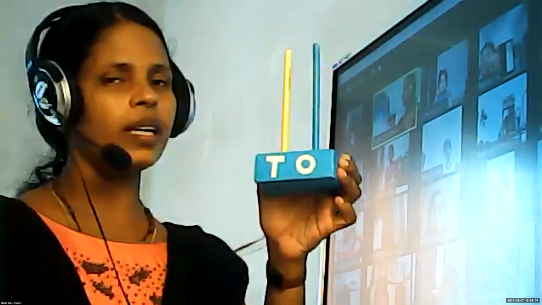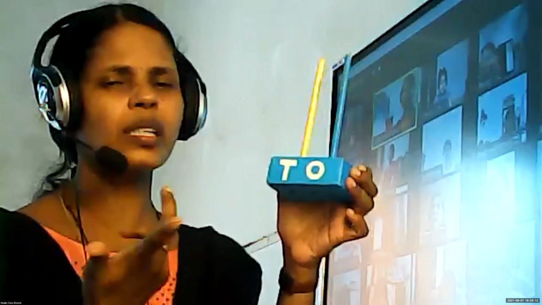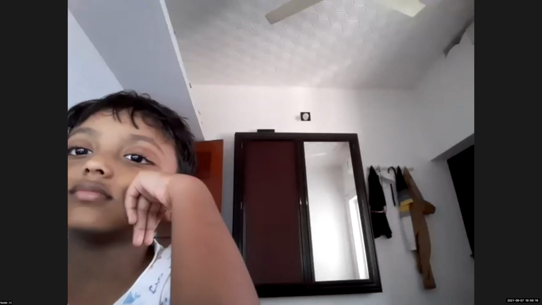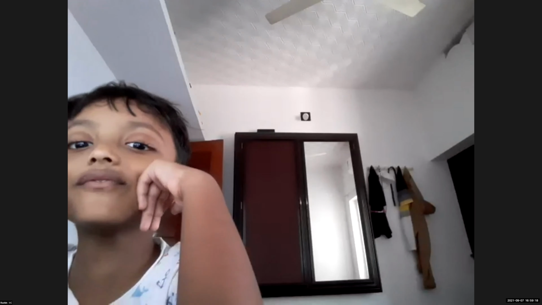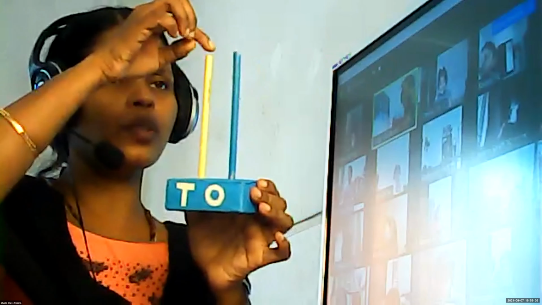Here it is written T and O. What is this T and O? Yes, tens and ones. Very good. Now listen here. You can see two rods here.